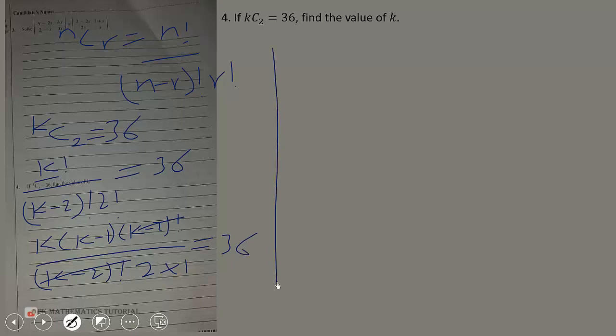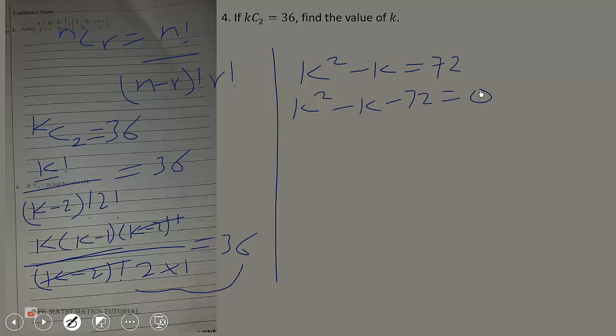So we are left with 36 equal that. So we can multiply this 2 by 36, then we expand this. k squared minus k is equal to 72. So we have to get a quadratic equation. k squared minus k minus 72 is equal to 0. So we have two numbers that we multiply, we get negative 72, and when we add them, we get negative 1.